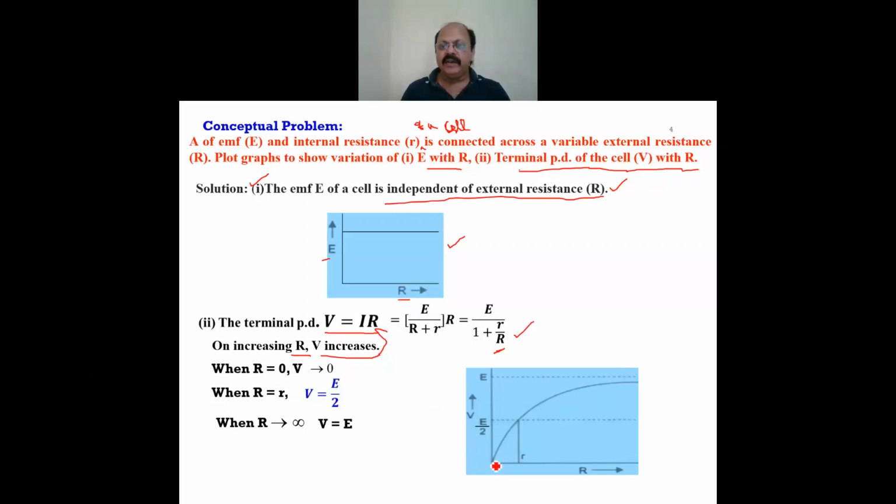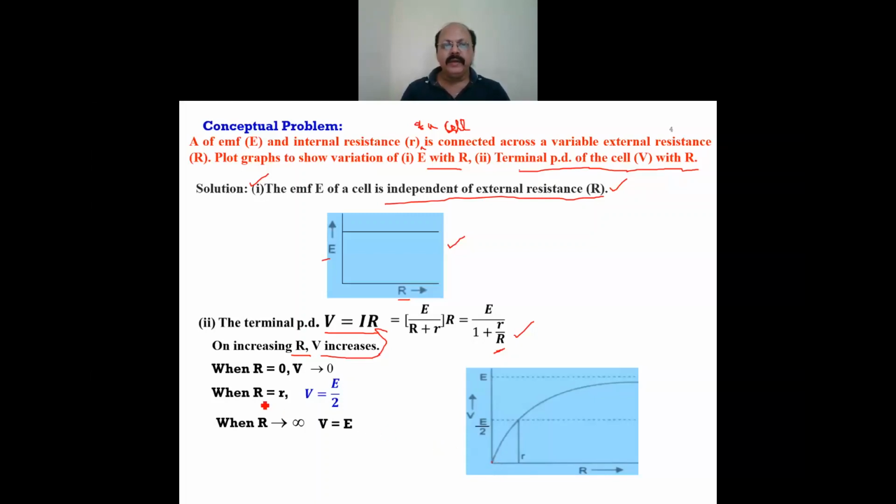So you see in the diagram, when plotting the graph, on the y-axis we take the terminal potential difference, and on the x-axis external resistance capital R. When R is equal to 0, V is also 0, so this point is the origin.